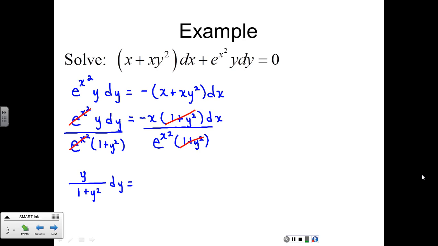Guys, I'm going to do something. Because that e to the x squared is down below, does anybody remember anything I can do to help myself there? How can I rewrite that in a different way? Make the power negative, absolutely, and that'll make it come up to the top. So that's going to be minus x e to the negative x squared.